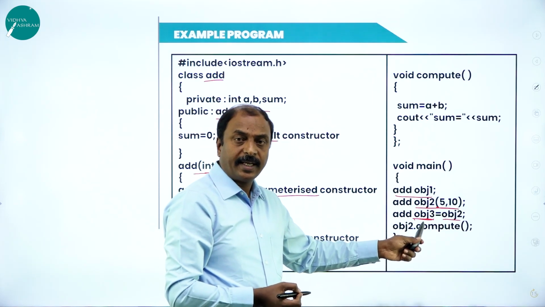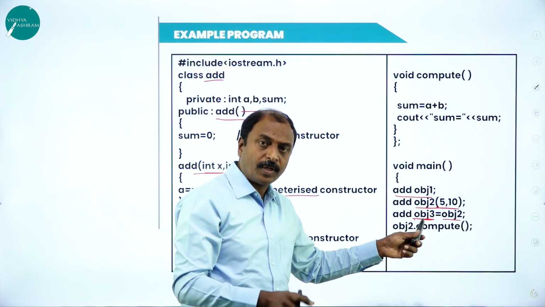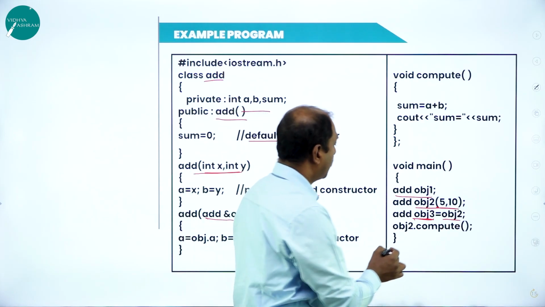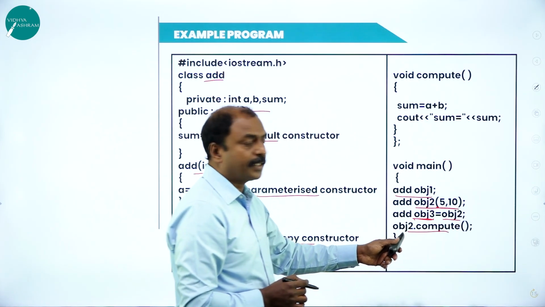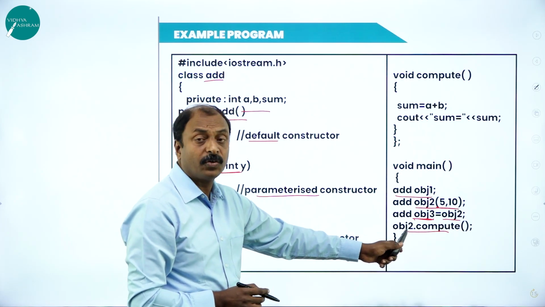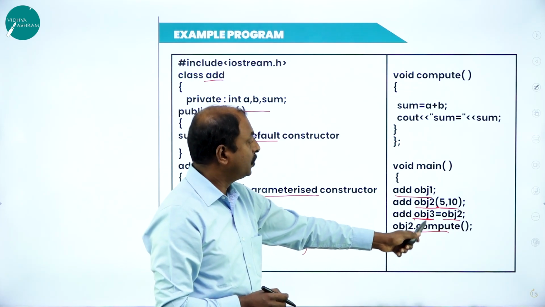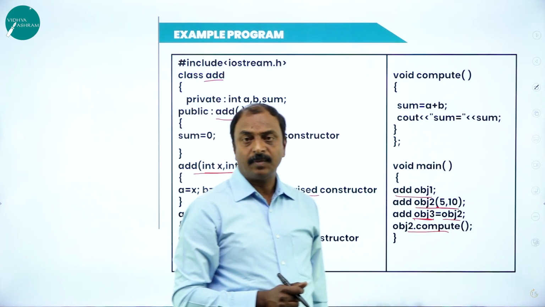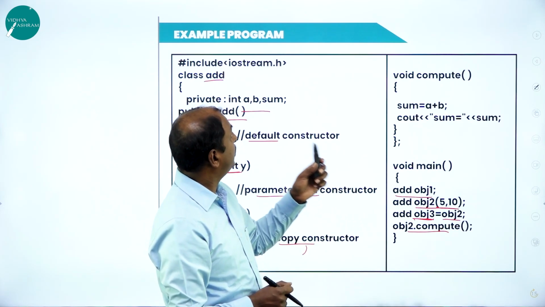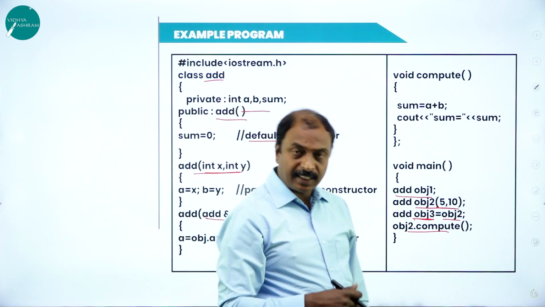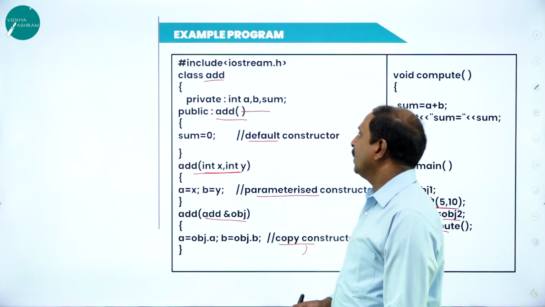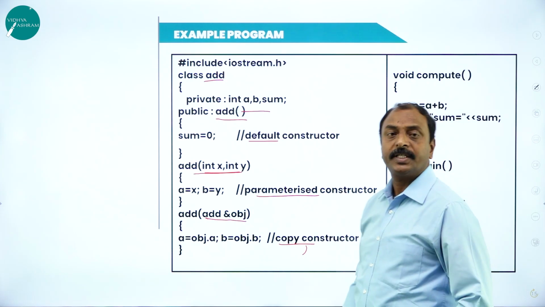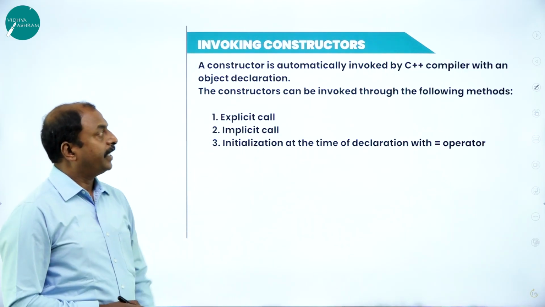So this is an example of, and points to, the copy constructor. Next, obj2.compute. We are calling the compute function, and it displays the sum of two variables. So this is an example program to show the working of the default constructor, parameterized constructor, and copy constructor. In the next slide, invoking constructors.